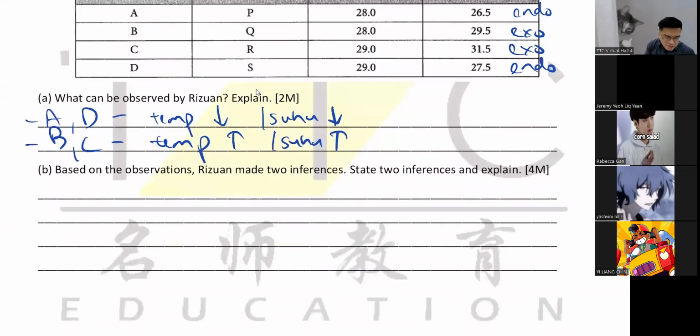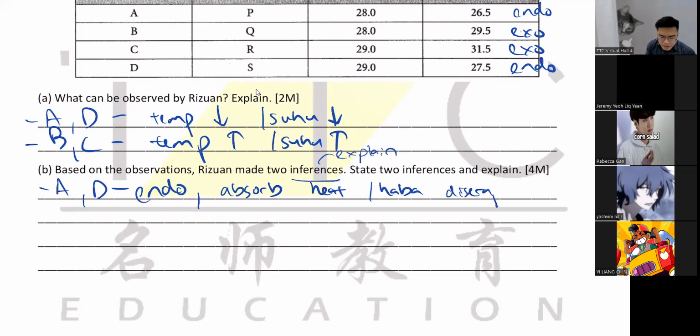B. Based on the observations, Rizwan made 2 inferences. Do you remember what an inference is? Inference means explain. State 2 inferences and explain why the temperature increases and decreases. For A and D, why does the temperature decrease? Because A and D are endo, which means they absorb heat, haba diserap.